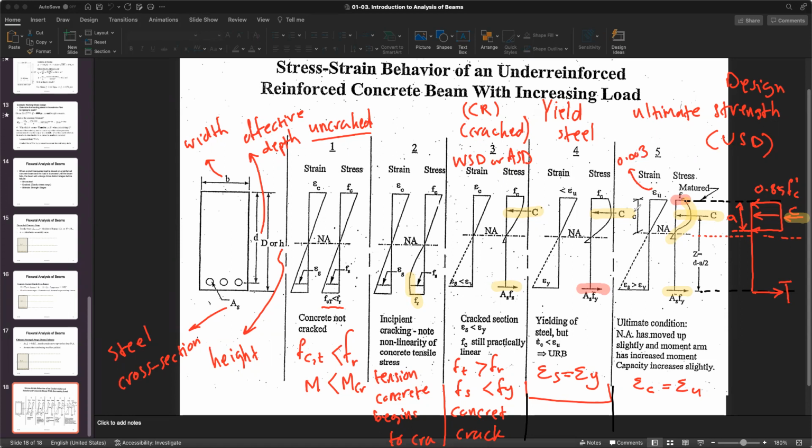Okay. So from this configuration of C and T, compressive and tensile forces, you can find a moment. How can you find it? You can use the moment arm between them to find it. All right. What would be the distance between them?